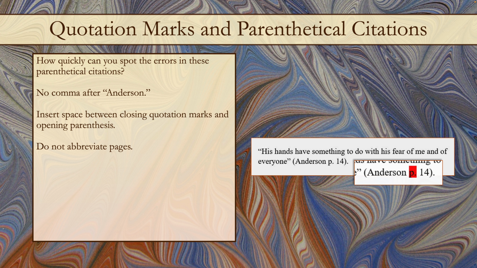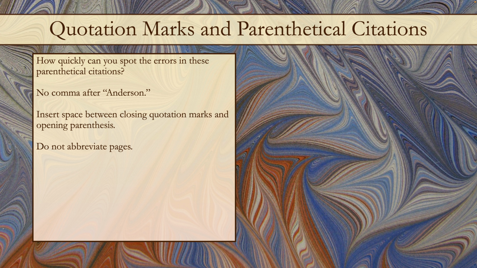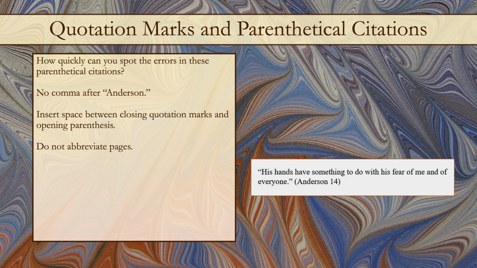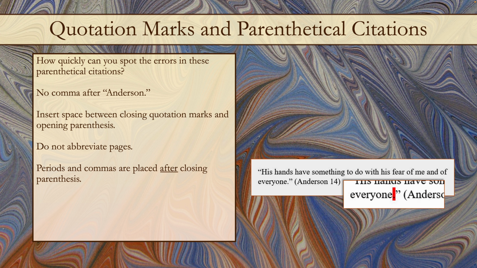No need to abbreviate pages. The P is unnecessary. Here's another one. With this one, periods and commas should be placed after the closing parenthesis, not inside the closing quotation marks.